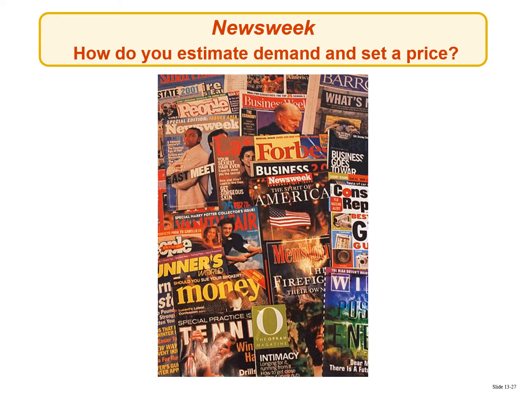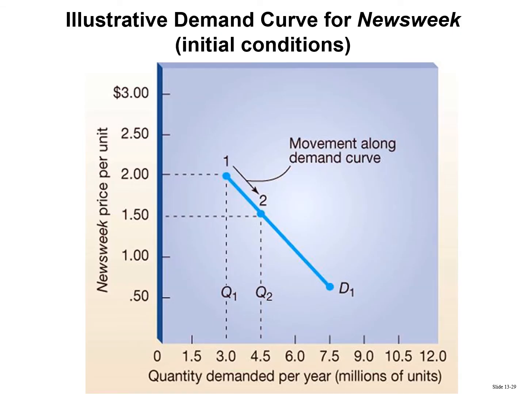For example, if we want to estimate demand for Newsweek and set a price, we'll look at the demand curve for Newsweek. We can see on the x-axis we have quantity again, and on the y-axis we have price per unit. So if we forget about what's written, movement along demand curve, right now, but if we set our price per unit as $2, you can see that the quantity that will be demanded per year will be 3 million units of Newsweek.